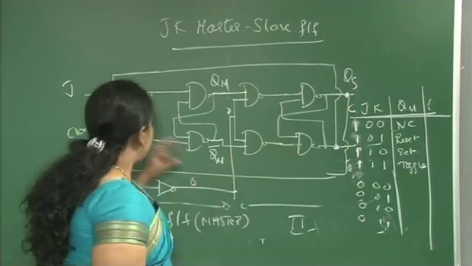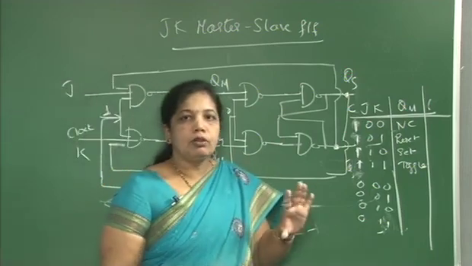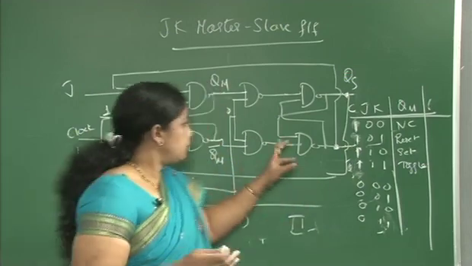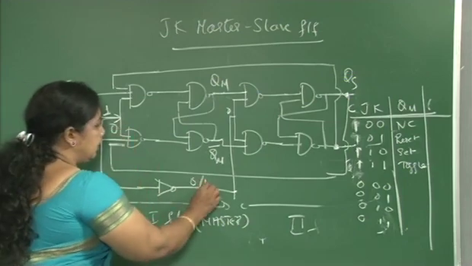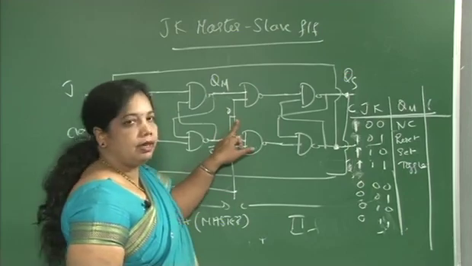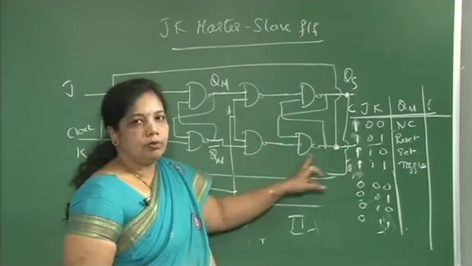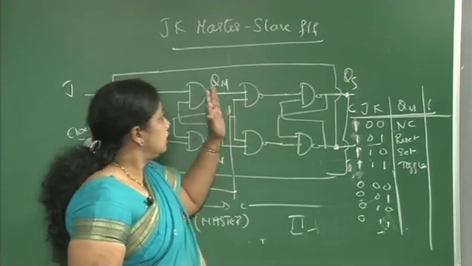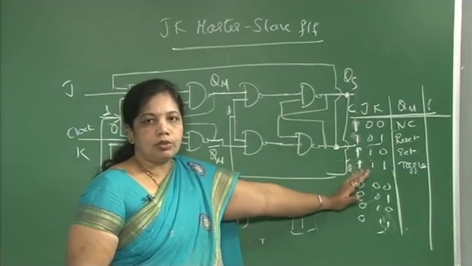When I make the clock low, then the master will be in no change condition, it doesn't operate, only the slave responds. When the clock is 0 here, the output of the inverter is 1. So now the slave is triggered, the second stage flip flop operates. Whatever the previous state that has been stored, that will be transferred to the output side.